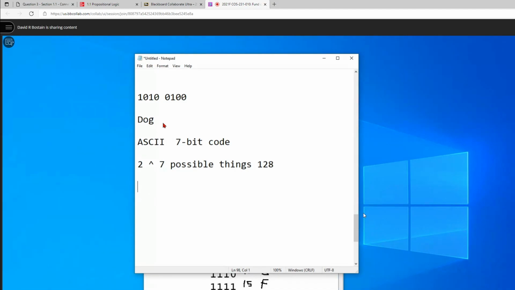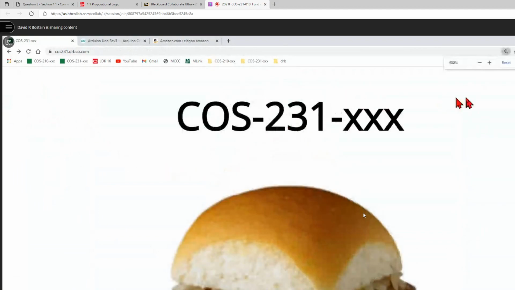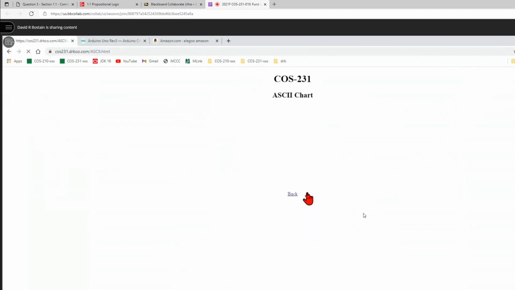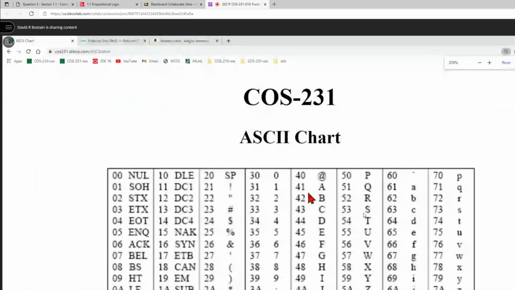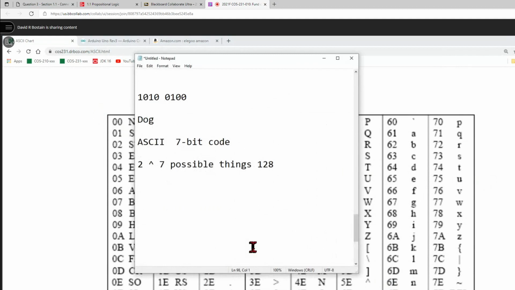Now, how do we know what they are? Well, we have to go to a table of ASCII codes, which we have on the web page. And we go to the ASCII chart. So from 00 in hex up to 7F, what would that be? 7 is 0, 1, 1, 1, and F is 1, 1, 1, 1.